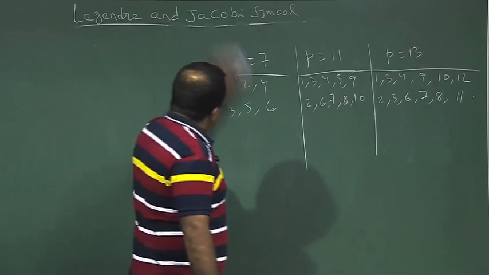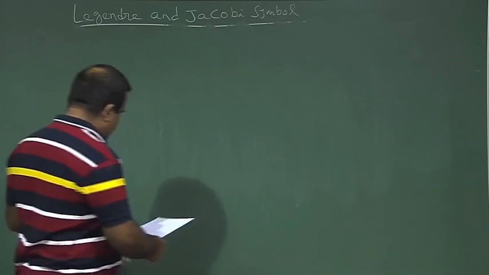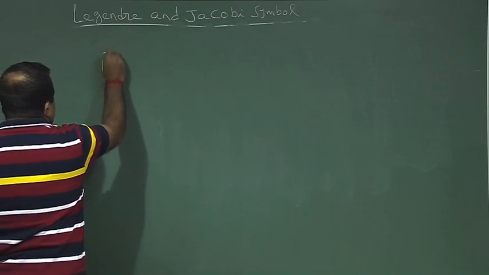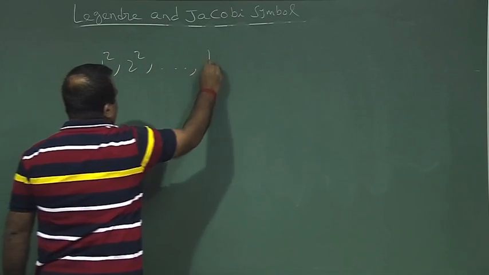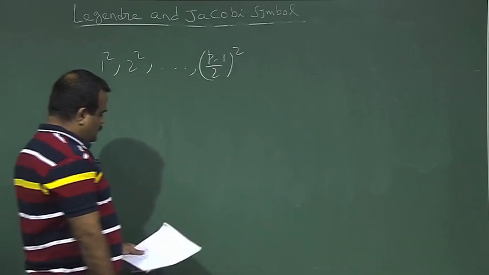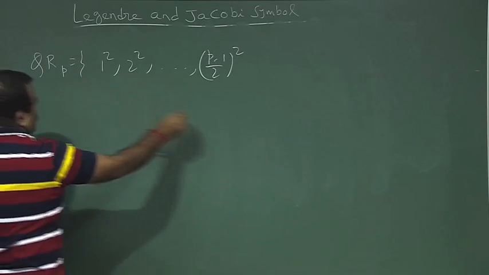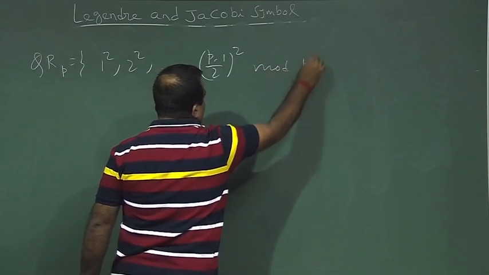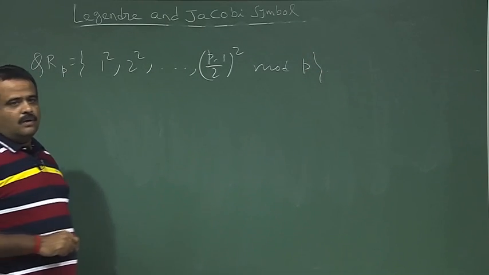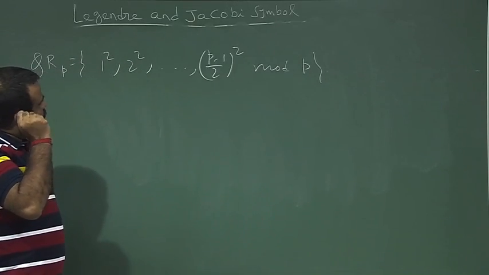We will show that if we consider the set 1 square, 2 square, up to ((p minus 1) by 2) whole square mod p, with every operation under mod p, then these give us QR_p. How many elements are there? Basically (p minus 1) by 2.